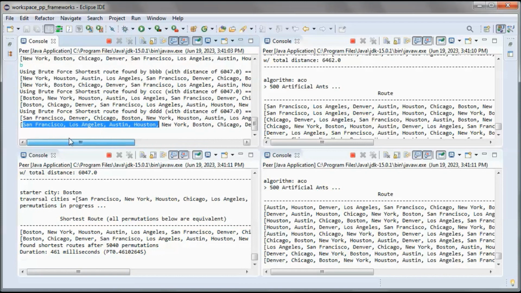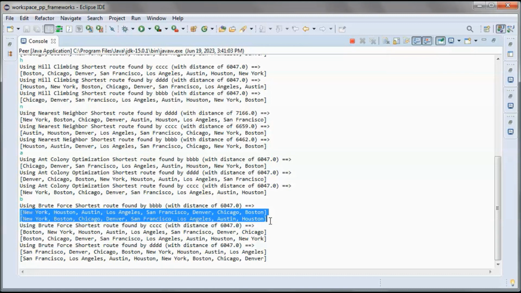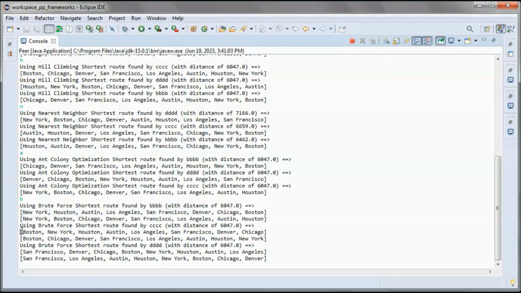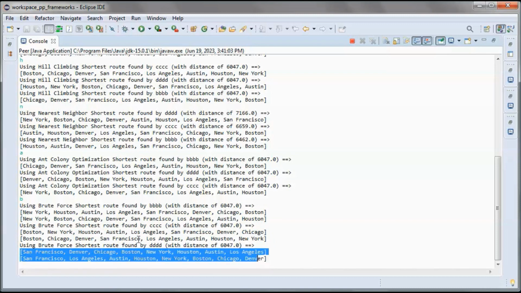So each one of the peers returned 2 shortest routes that it found, and all of those routes are actually the same.